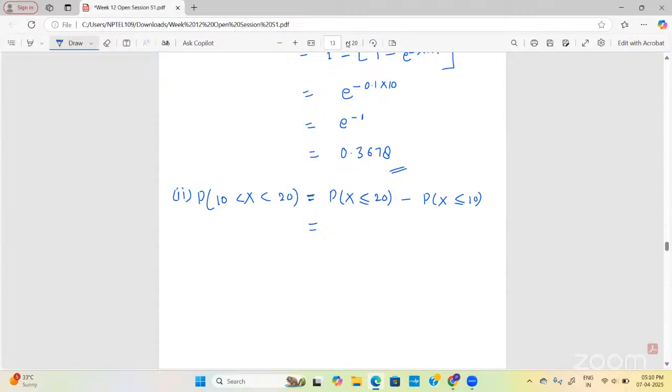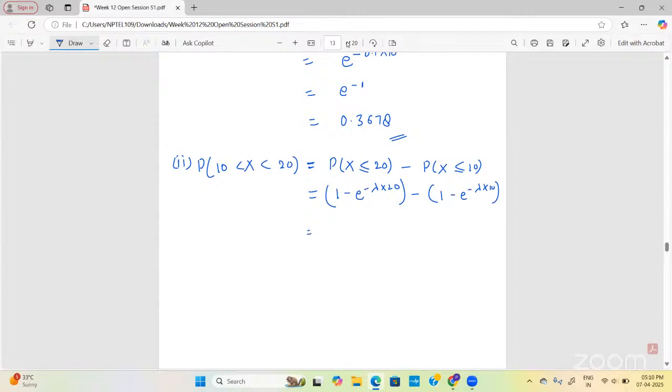So here again, we will use the CDF, which is 1 minus e to the power minus lambda into 20. Then minus 1 minus e to the power minus lambda into 10. Lambda is 0.1. So 1 minus e to the power minus 0.1 into 20, minus 1 plus e to the power minus 0.1 into 10.